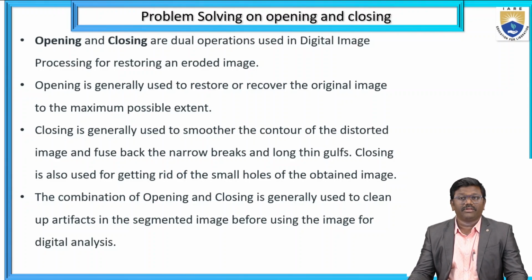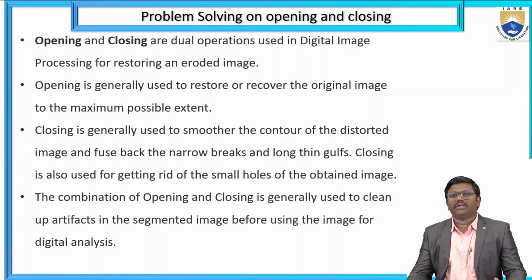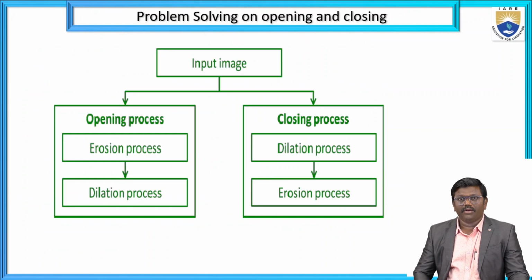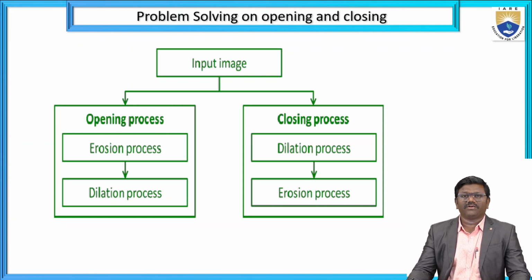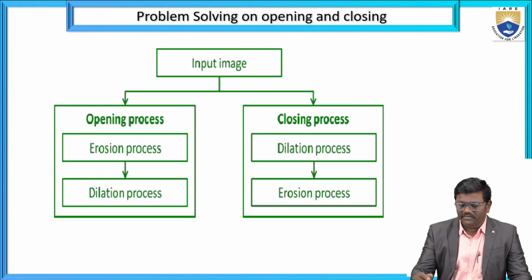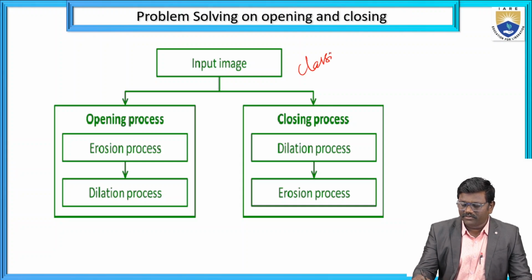How may we classify opening and closing, based on taking an input image into digital image processing? We can see the classification: two methods, number one opening and number two closing.